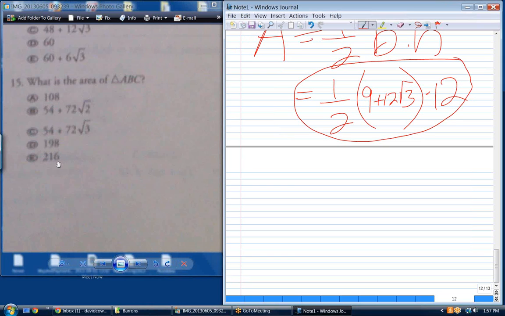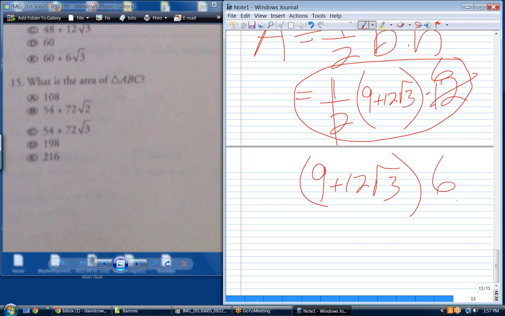What's the best way to simplify this right off the get-go? Everything's being multiplied. In other words, this 1/2 times 12. So I can take away the 1/2 and turn this into a 6 for starters. So now I have 9 plus 12 root 3 quantity times 6.